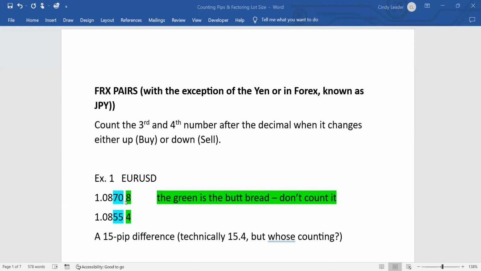I tried to make the screen really big because it's helpful for me as well as I go through these slides. So when you're counting Forex pairs with 5 digits after the decimal point, that little green one at the end, if the euro is worth $1.08, in the real world, do we really care about these tiny numbers?